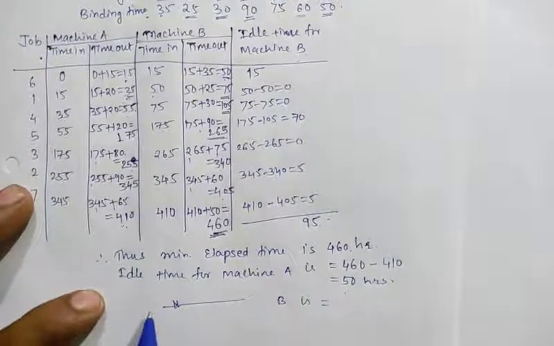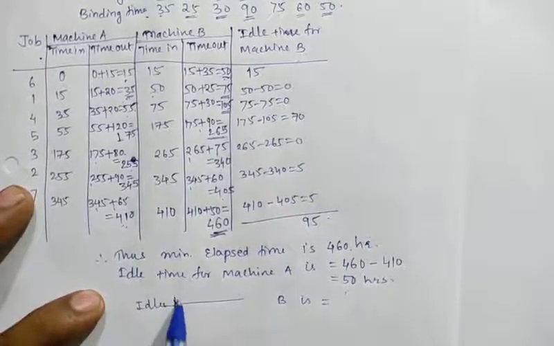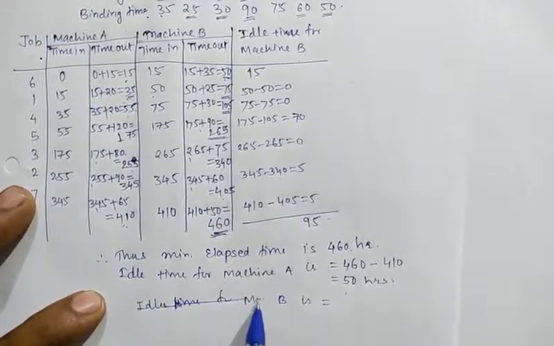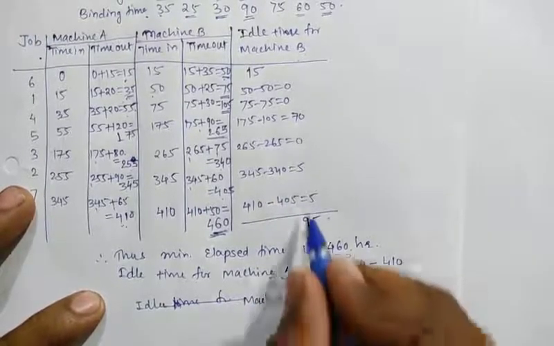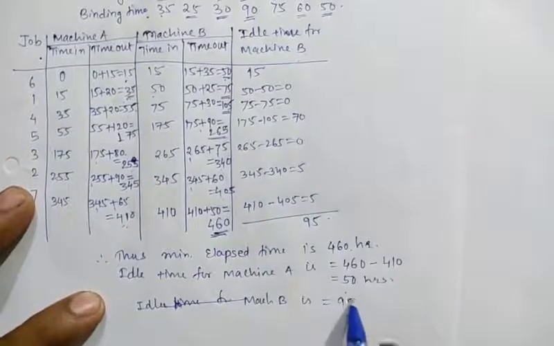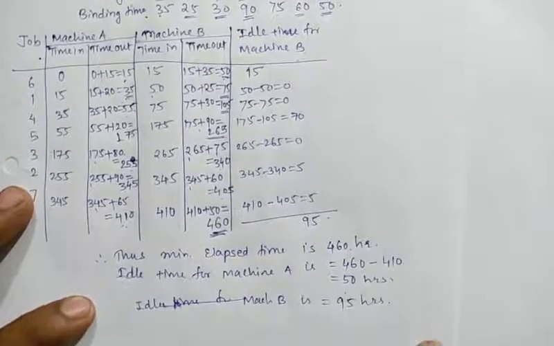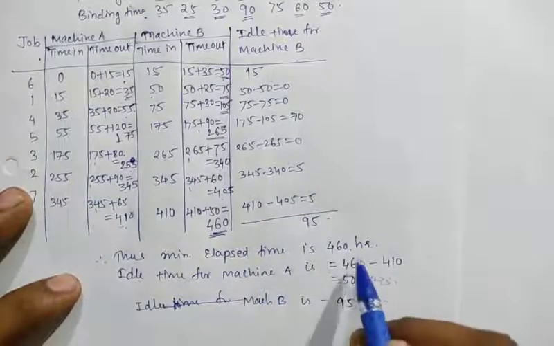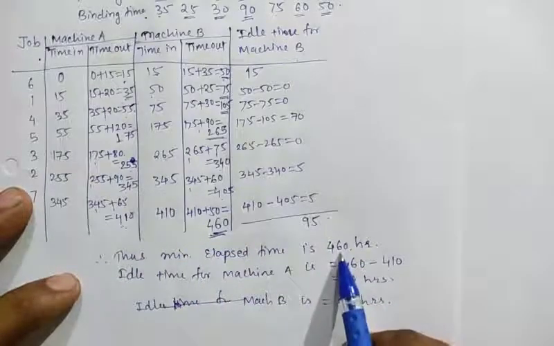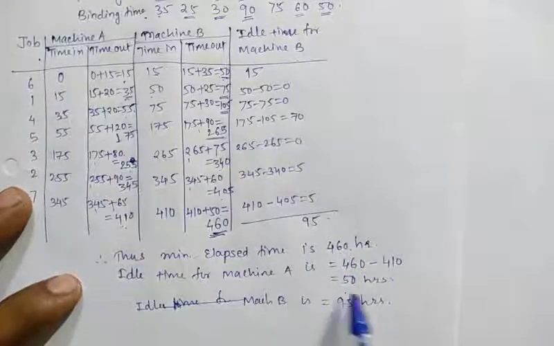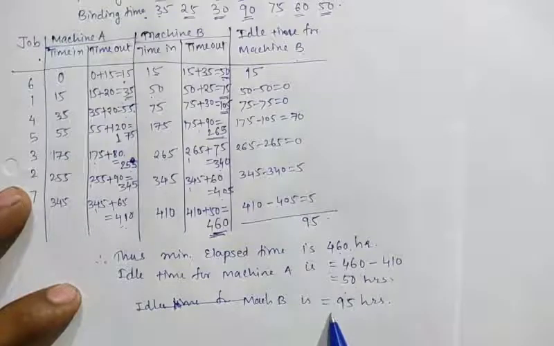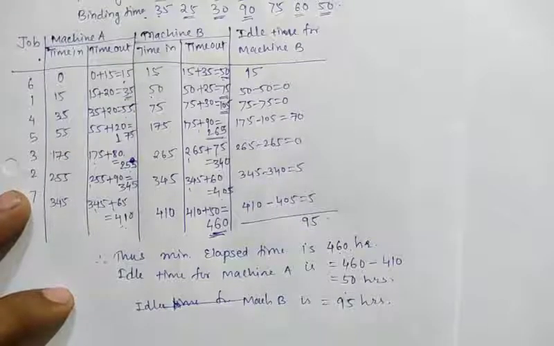And next idle time for machine B, after adding we get 95 hours. Okay, so total elapsed time for completing the jobs is 460 hours. Idle time for machine A is 50 hours, and idle time for machine B is 95 hours.